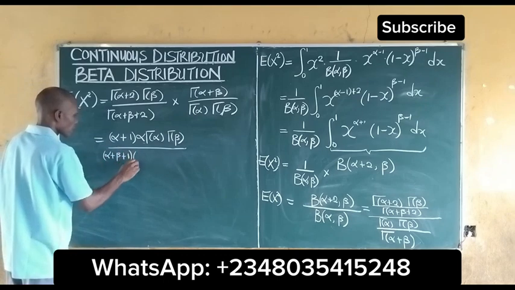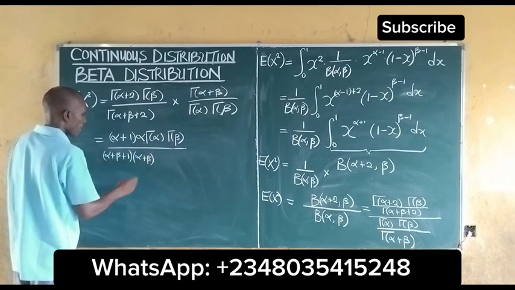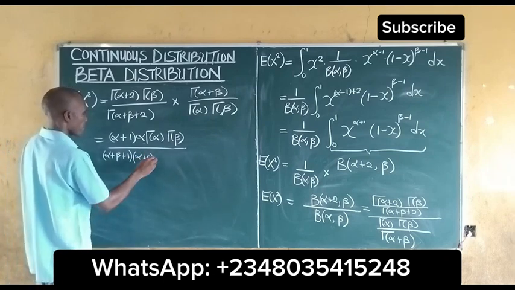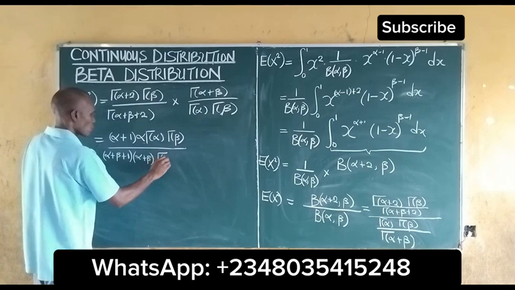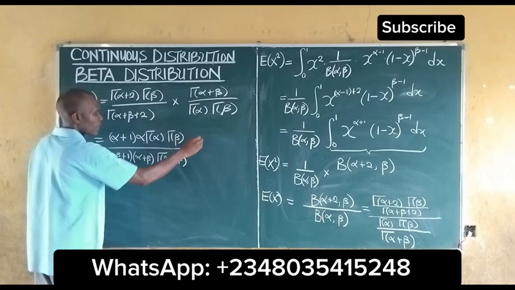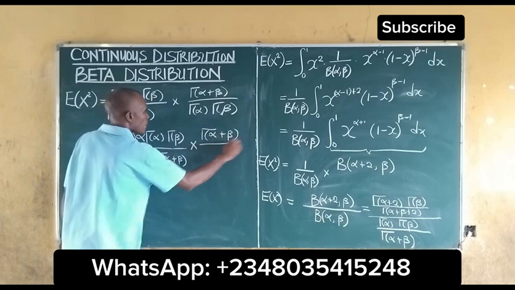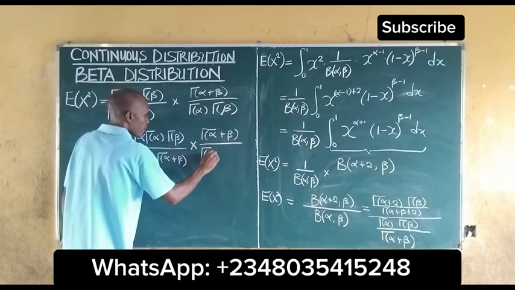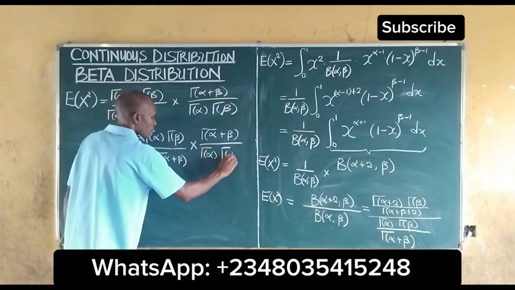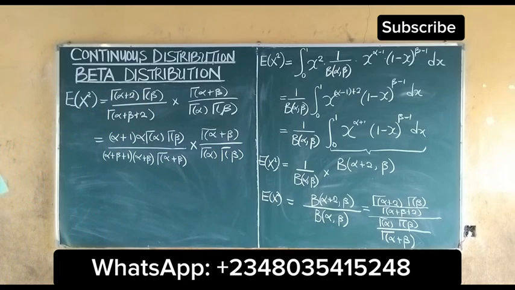We are splitting it into alpha plus beta times alpha plus beta for the gamma function, multiplied by gamma of alpha plus beta all over gamma of alpha multiplied by gamma of beta. So that is what we get.